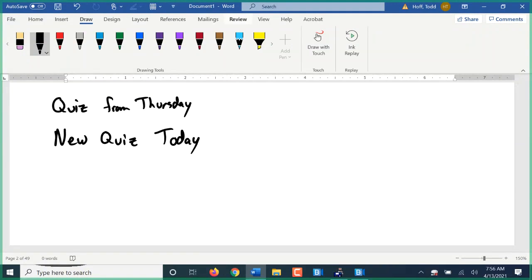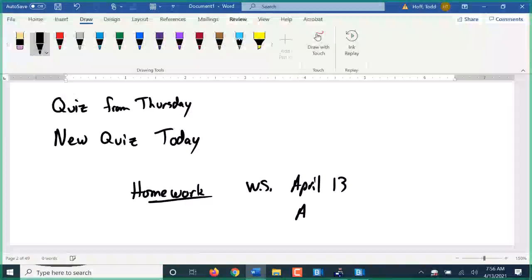And then, of course, there are actually 2 worksheets in Blackboard for today. There's one marked April 13th and the other one marked April 13th B. Both of them are examples of this exact same type of problem, just different numbers, so that you can practice.